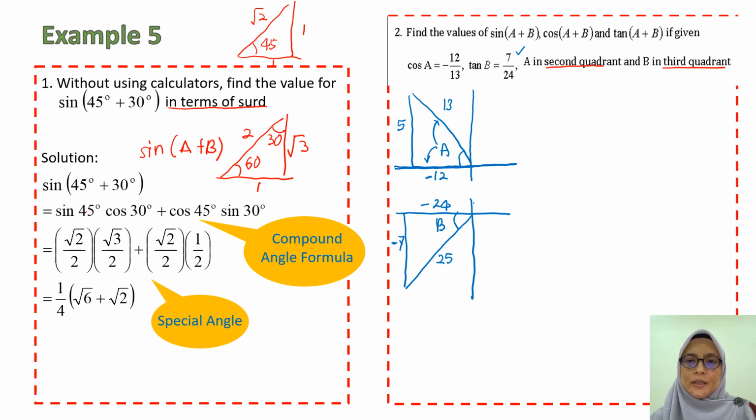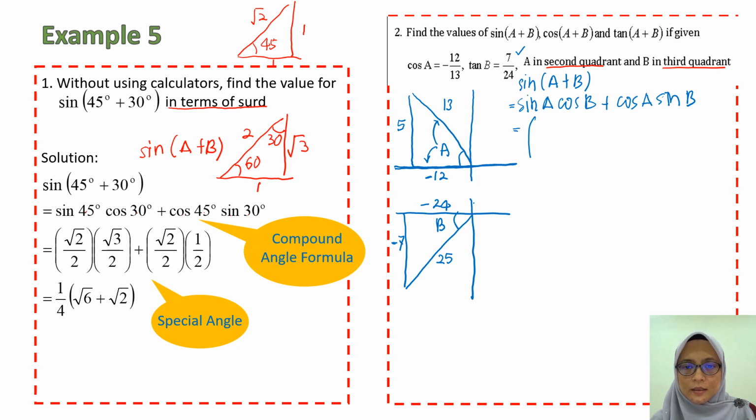Okay, so now by using compound angle formula, kita boleh expand sin A plus B is equal to sin A cos B plus cos A sin B. Okay, so sin A is 5 over 13.